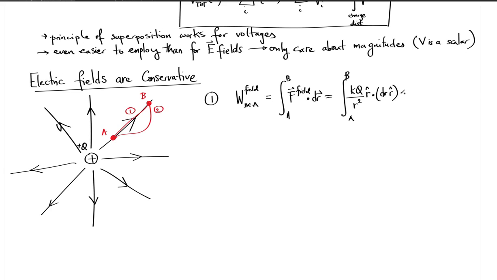So we get R hat dot R hat, so that's just 1. So all we're doing now is just integrating KQ over R squared dr from A to B. All right. So that's very straightforward. So the integral of this is just minus KQ over R.